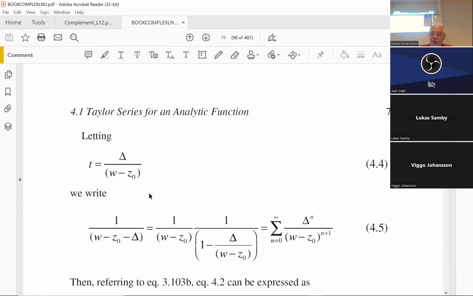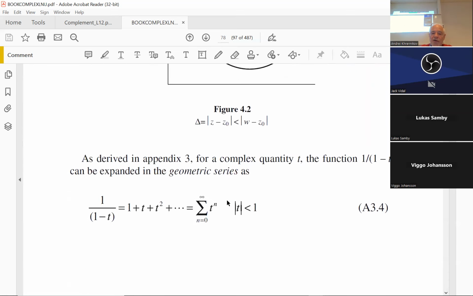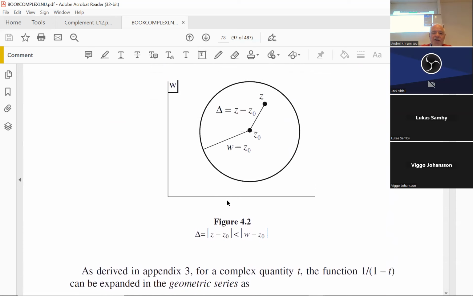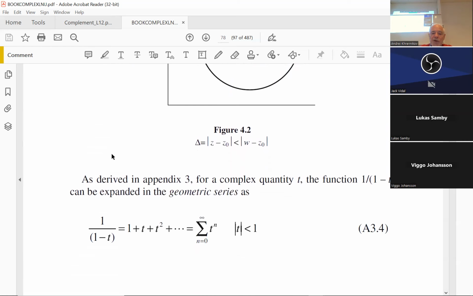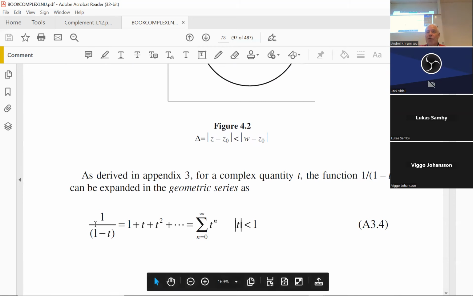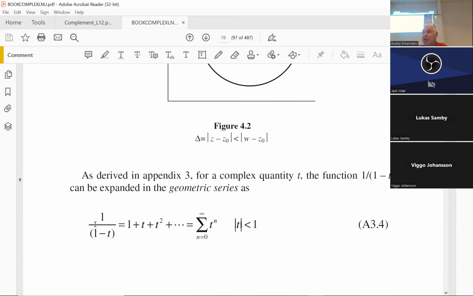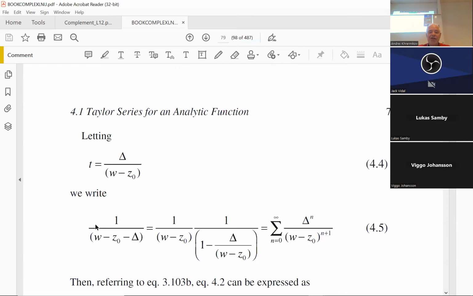So this is what we have in our integral, and under this condition, we can use geometric progression. They said that in the appendix there is a derivation of this formula, but it's the same as for real numbers. Maybe you need not repeat this. For real numbers, you derive the sum of a geometric progression, but here everything is the same, nothing different.